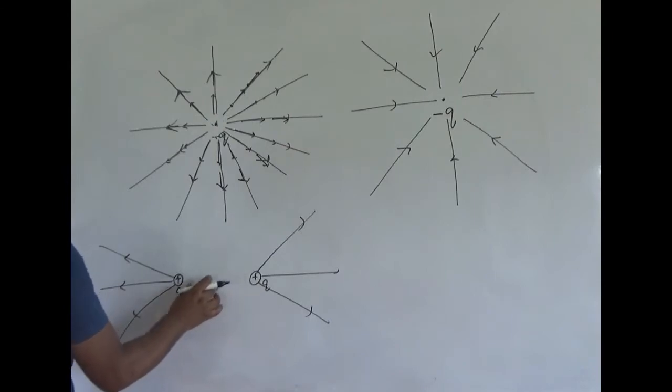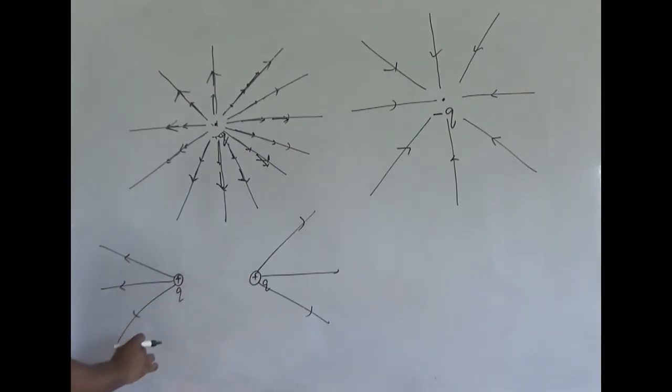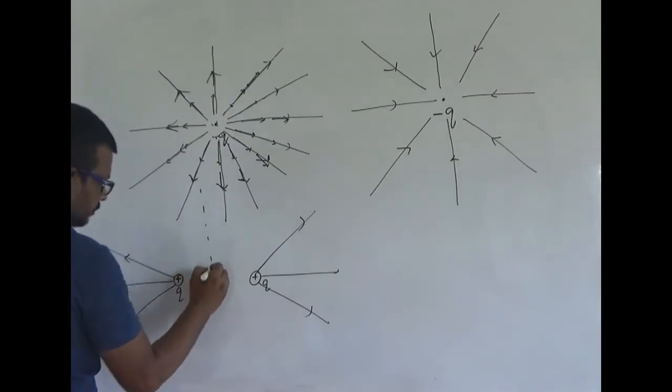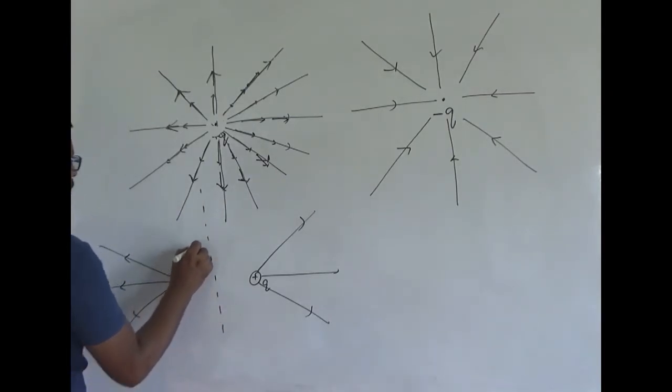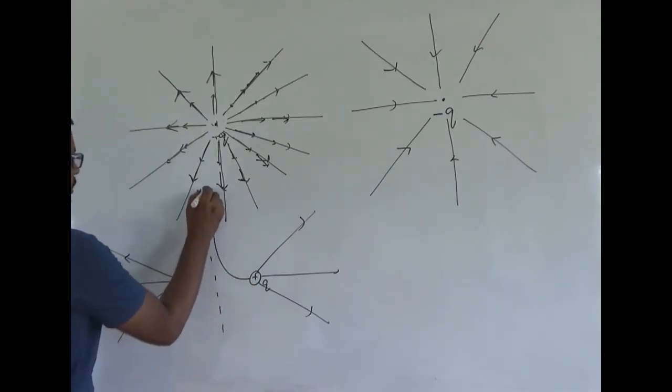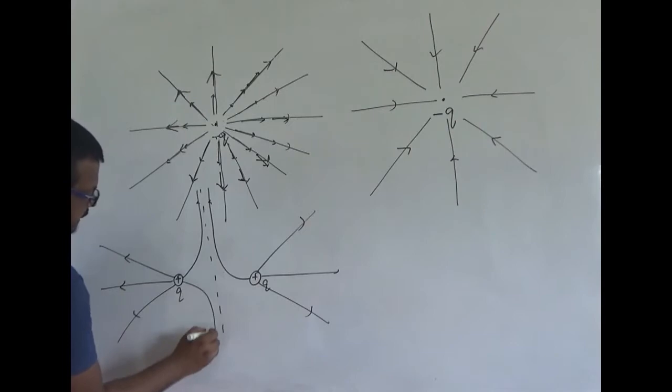These two are repelling each other because the two charges are same. That's why the field lines will be like this in this region.